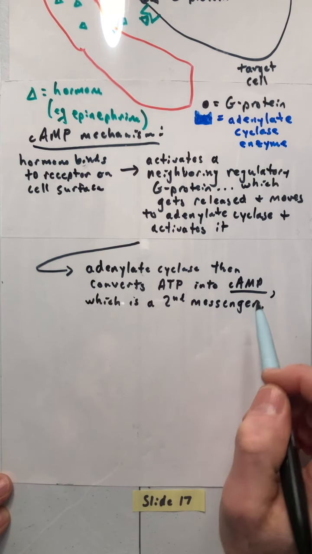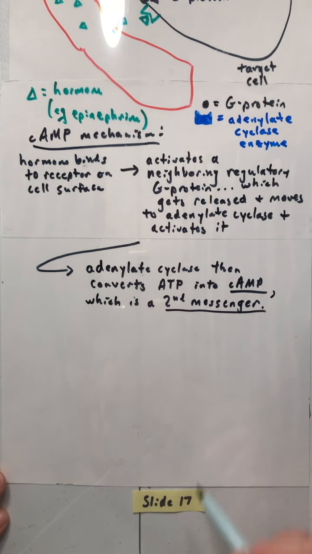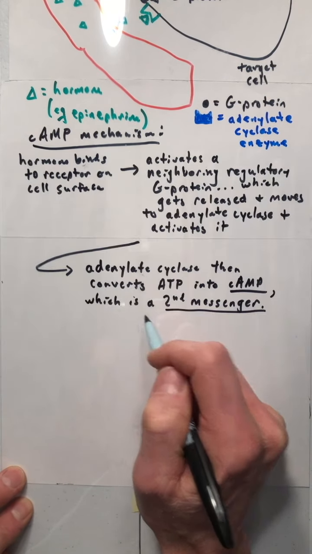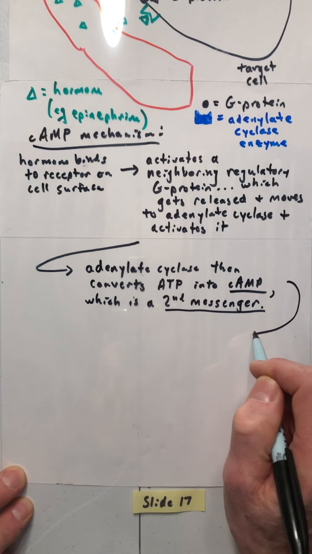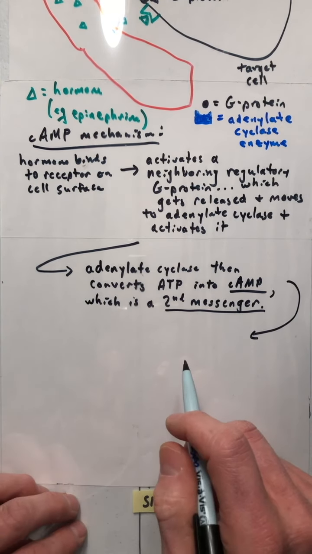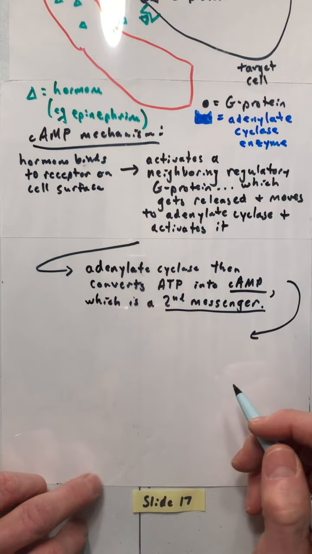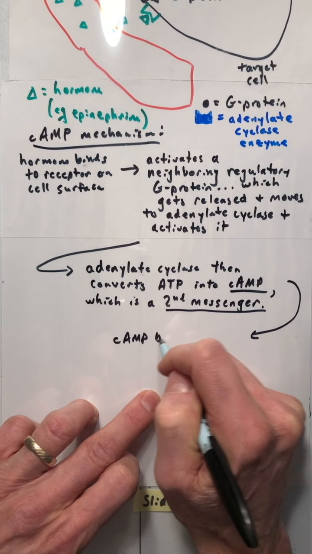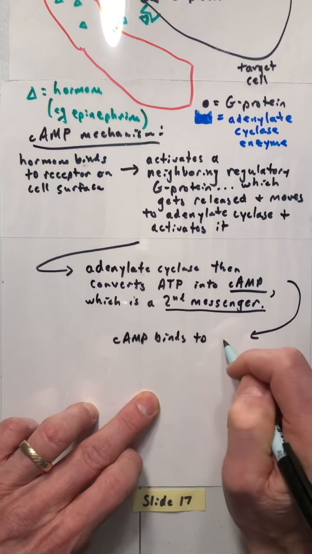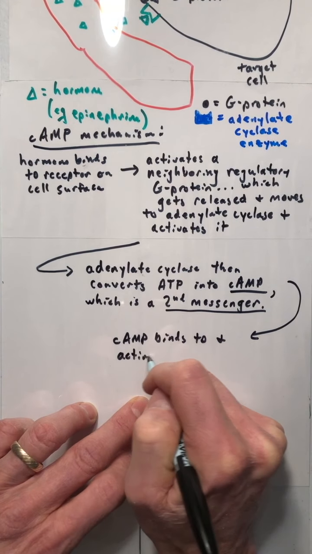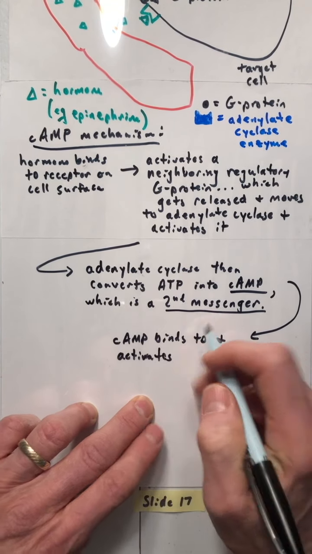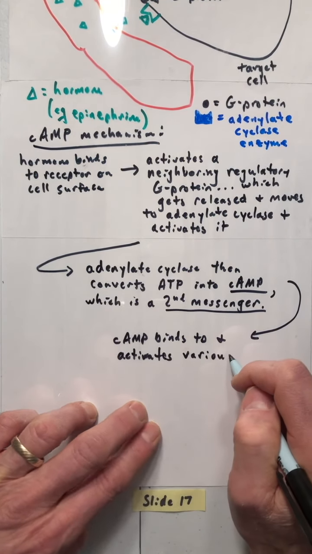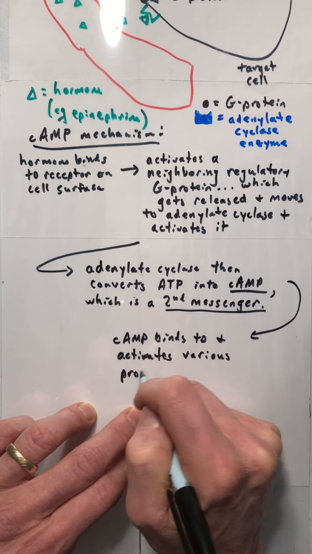So how then does this cyclic AMP act as a second messenger? Well, this is outlined on that slide 17 again. And what cyclic AMP does is activate enzymes that are located in this cell called protein kinase enzymes. So cyclic AMP binds to and activates various protein kinase enzymes already waiting in the wings here in the cell.